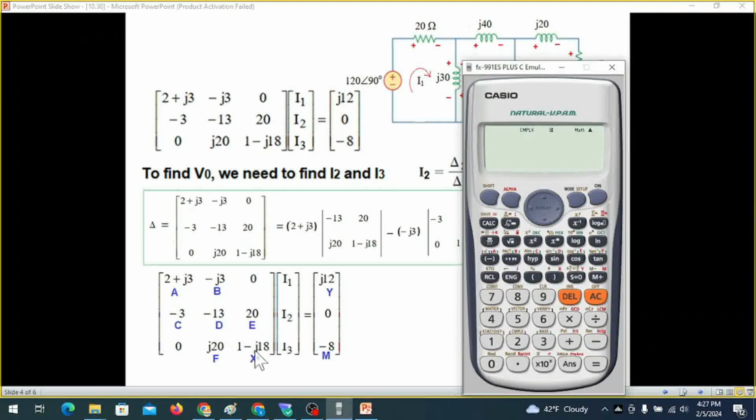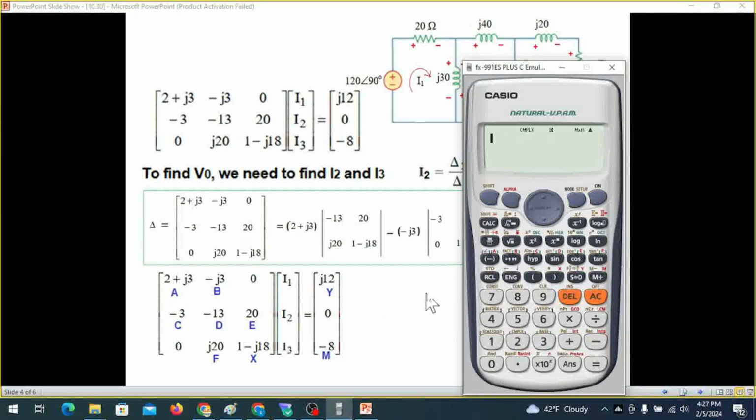Then we come to 1 minus J18. 1 minus 18I, shift store, and this we give value X. This is X here. X has been assigned.